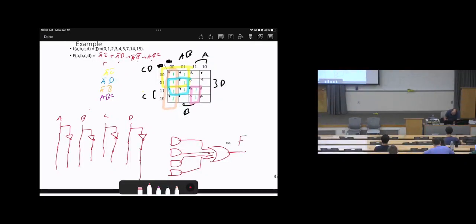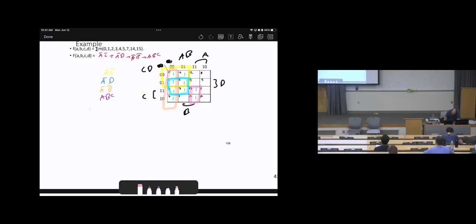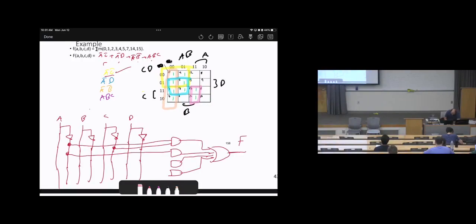Now, how to connect these 4 AND gates? So the first term is A bar C bar. So A bar, C bar. So done. The next term, A bar, D. Sorry, A bar, and here is D. The second term done.